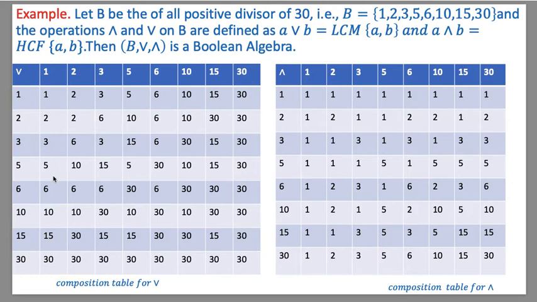Here also we have 2, 3, 5, 6, 10, 15, 30. Here we have 2, 6, 10, 6, 10, 30, 30, and here also. Here we have 3, 15, 6, 30, 15, 30, and here also. So all the elements are symmetrical about the main diagonal.